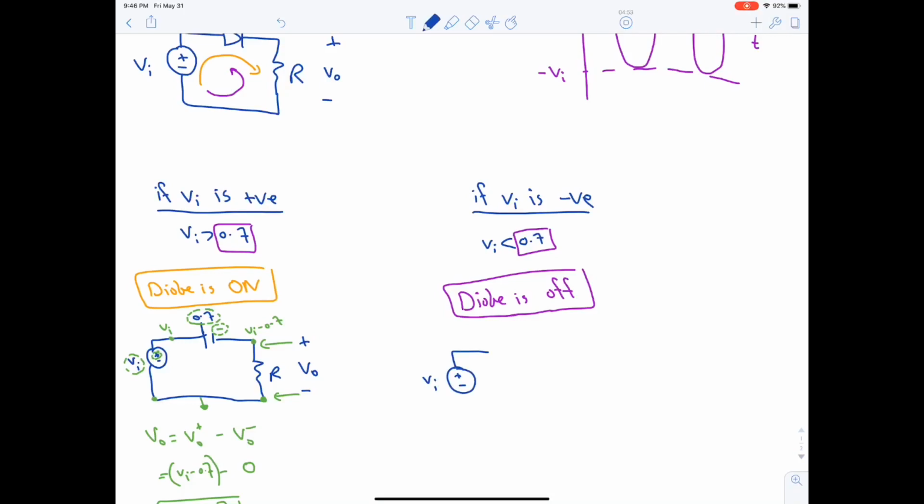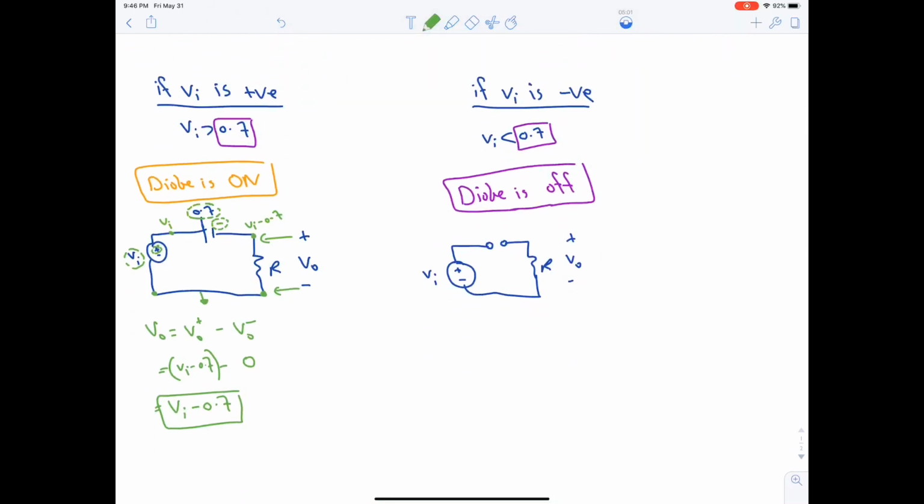So we have Vi, open circuit, and then R. This is the output. Now we need to find V output again. V output is equal to VO positive minus VO negative, where VO positive is this point and VO negative is this point.